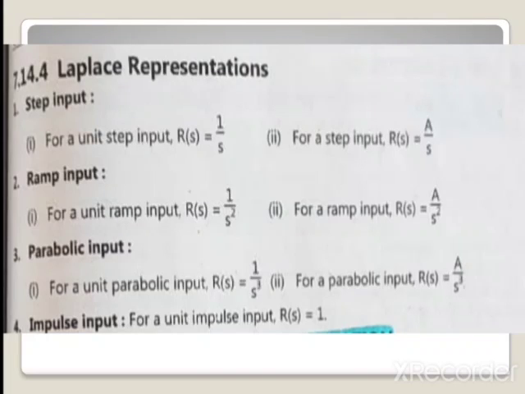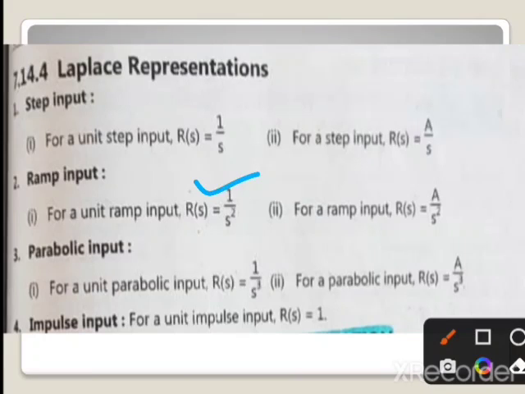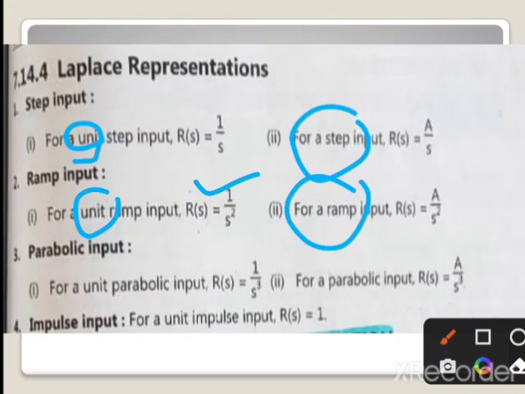Now for a ramp input, R of s is equal to 1 upon s square, and for ramp input of magnitude a, R of s is equal to a upon s square. The difference is that here it is unit, and here it is only a, for step or for ramp. Like this, for a unit parabolic input R of s is equal to 1 upon s cube, and here a upon s cube.